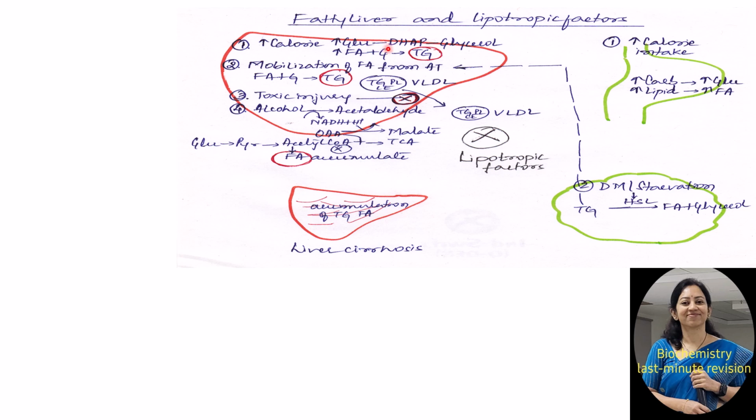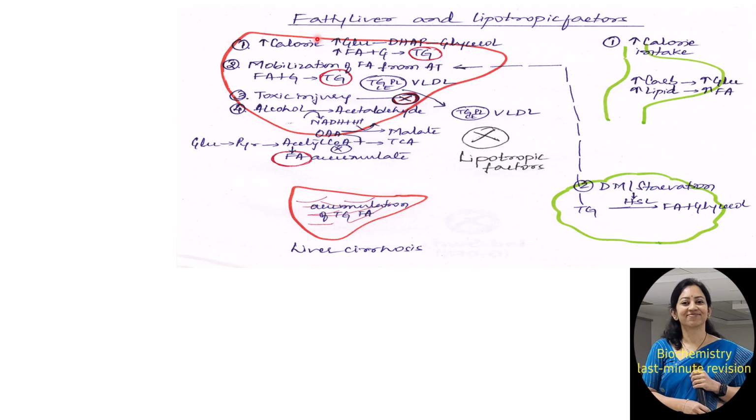The second important cause for fatty liver is uncontrolled diabetes mellitus, and starvation also causes fatty liver. This is because in diabetes mellitus and starvation, the insulin glucagon ratio is reversed. There is more glucagon, which stimulates lipolysis: glucagon stimulates hormone sensitive lipase and causes breakdown of triglycerides to fatty acids and glycerol.